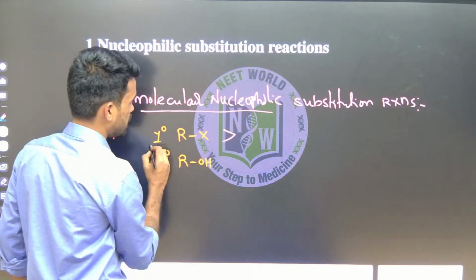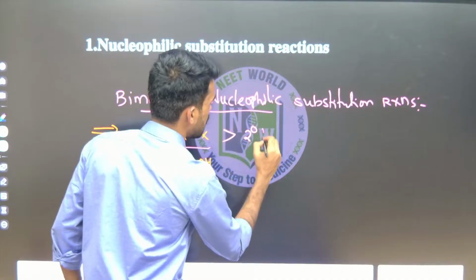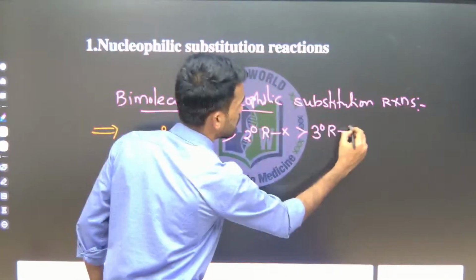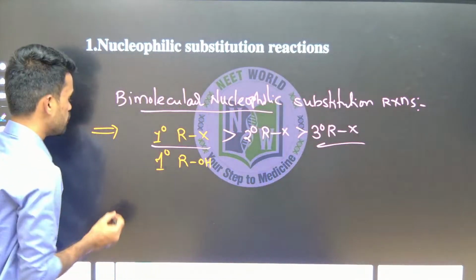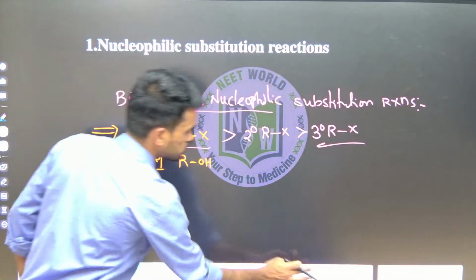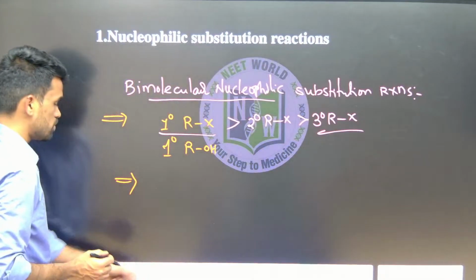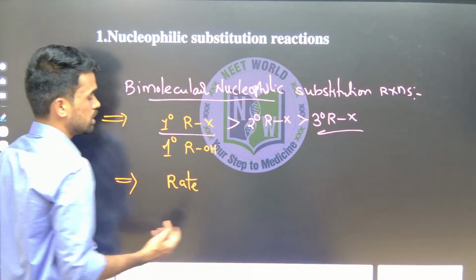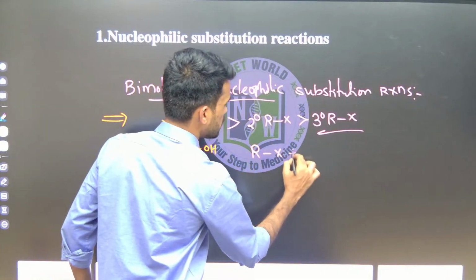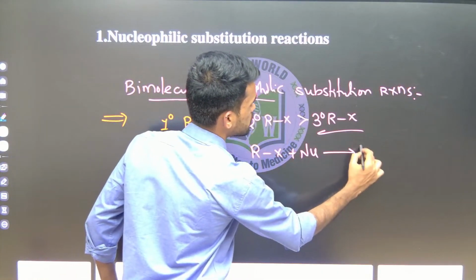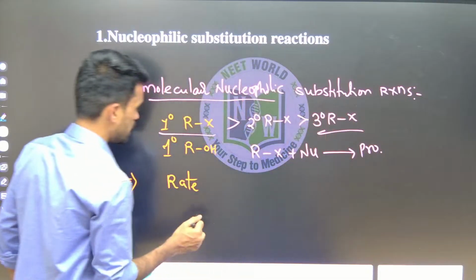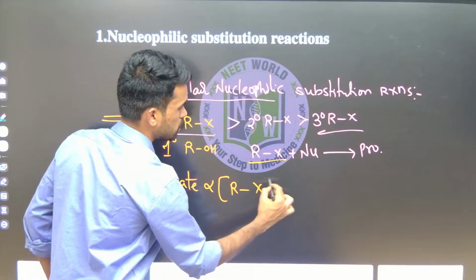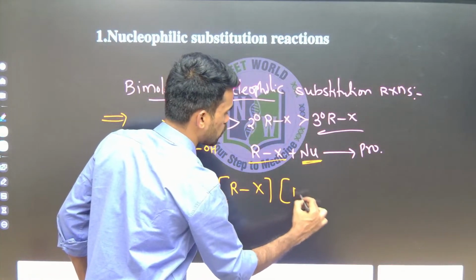So primary alkyl halides and secondary alkyl halides are more reactive compared to the tertiary alkyl halide. This is the reactivity order. The next thing you need to remember is the rate of this reaction. If I say RX combines with some nucleophile forming some product, the rate of this reaction depends on both the concentration of the substrate as well as the concentration of the incoming nucleophile.